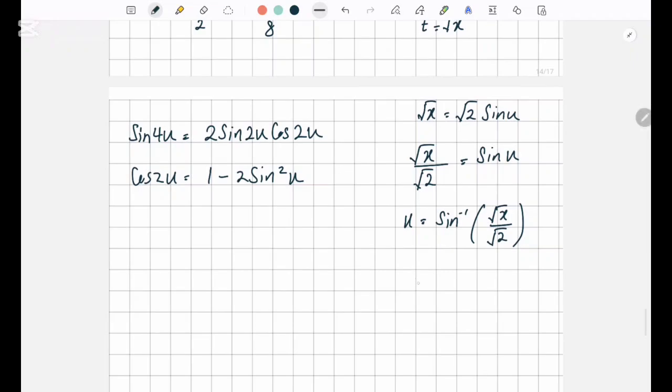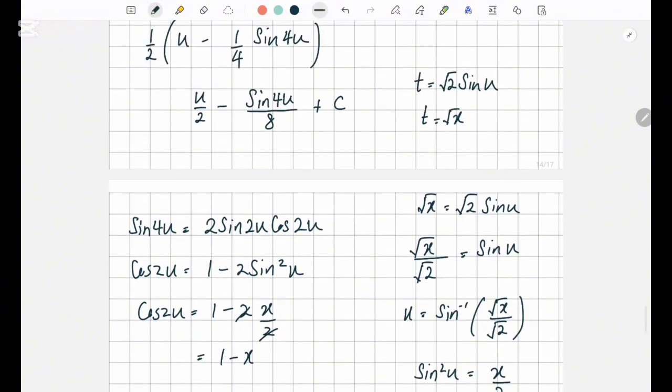If sine u equals root x over root 2, then you can write sine squared u equals x over 2, right? So cos 2u equals 1 minus 2 into x over 2. So it's 1 minus x.